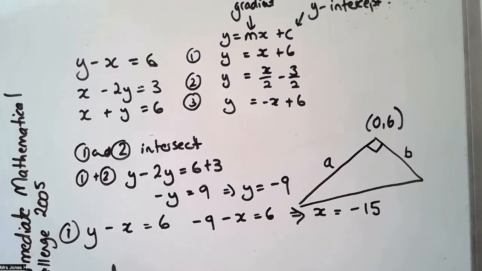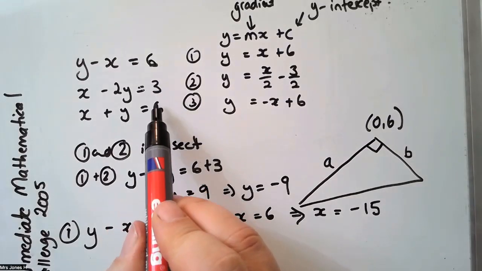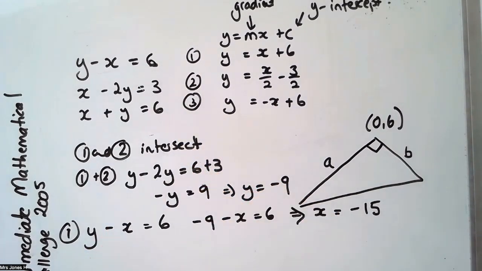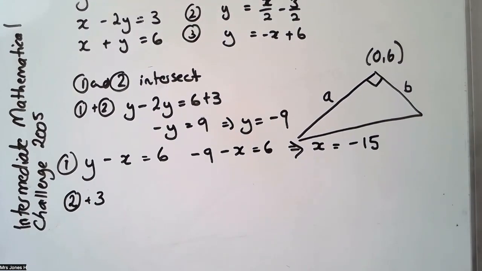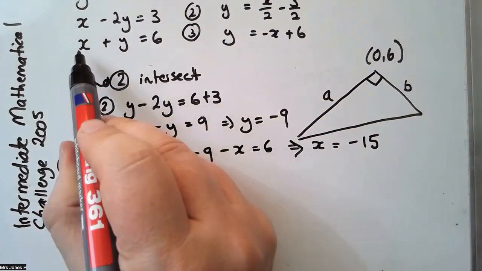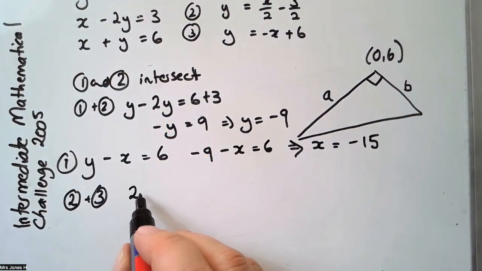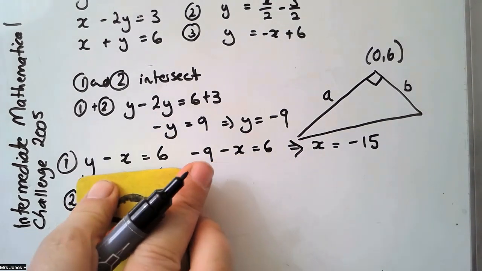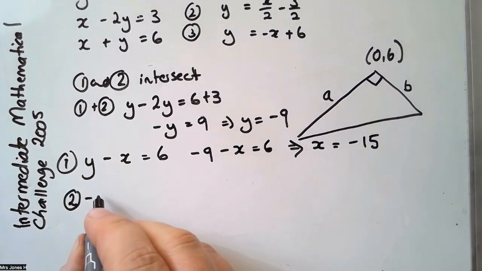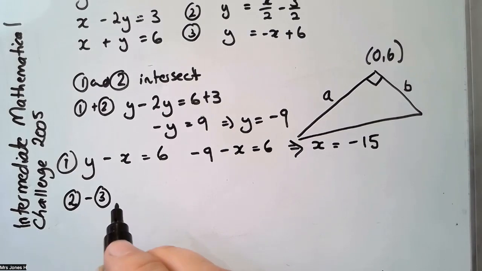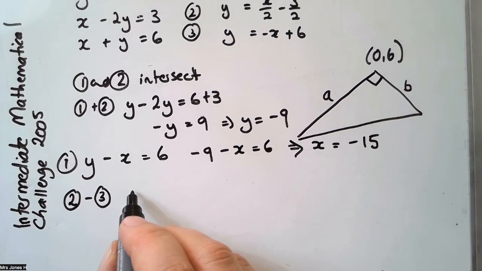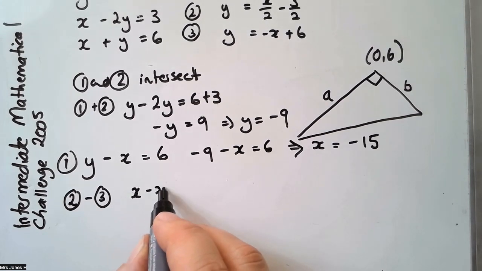What we're going to do now is look at where the other lines intersect. We already know where 1 and 3 intersect. So we're going to look now at where 2 and 3 intersect. So we're going to do 2, add 3. X plus x is 2x. Sorry, subtracting. X subtract x.